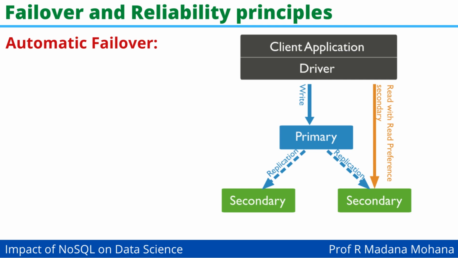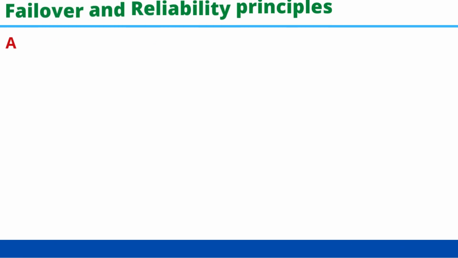Here the client application driver may write to the primary, then primary to secondary and primary to second backup through replication. The client application driver can also read directly from the secondary with read preference secondary. This is the interaction, the process or flow in automatic failover.